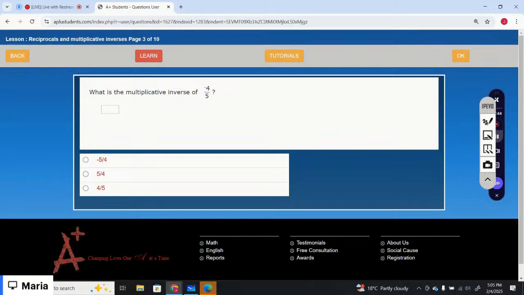What is the multiplicative inverse of negative 4 by 5? The multiplicative inverse of negative 4 by 5 is negative 5 by 4.